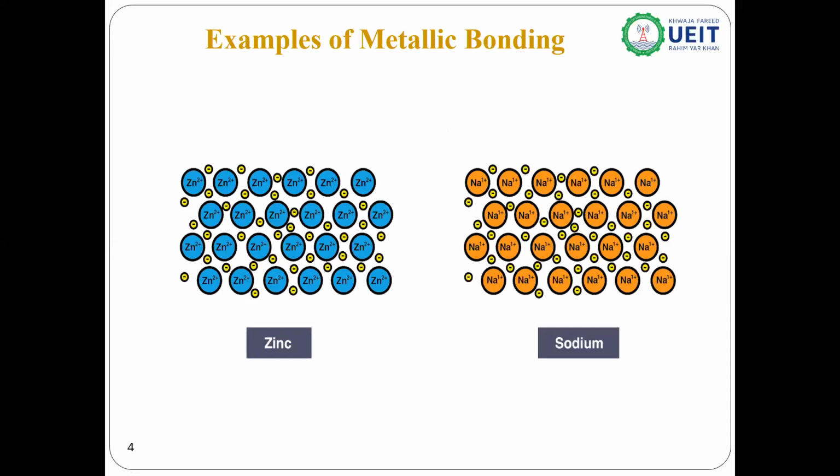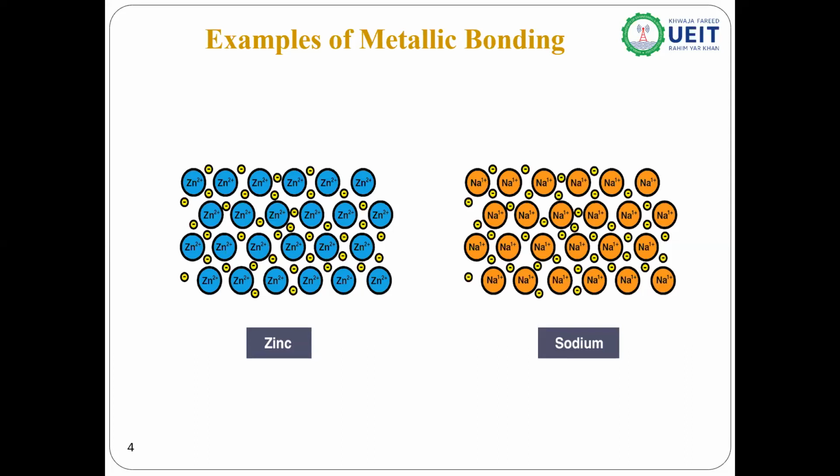There are many examples of metallic bonding, as in the case of the zinc atom. It loses 2 electrons from the s orbital, because this is a transition metal, the last member of the first row of the transition metals, 3d10 4s2. The 4s2 electrons are lost and it forms a Zn2+ ion.